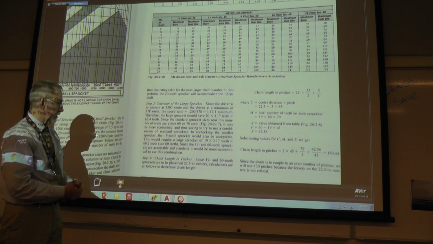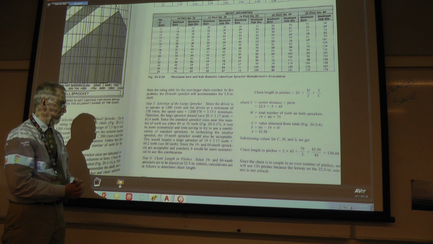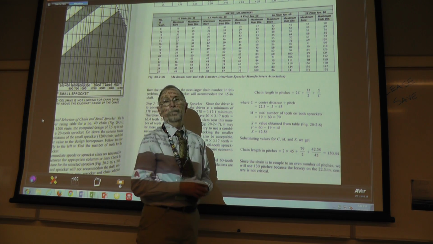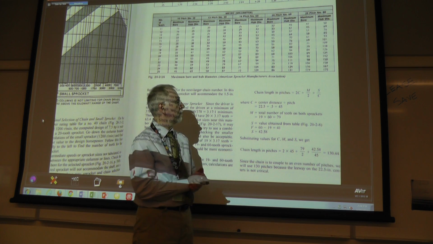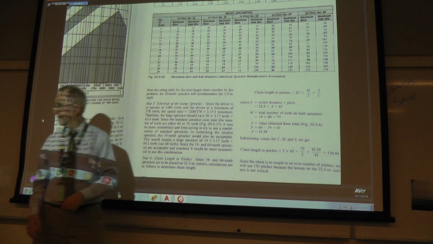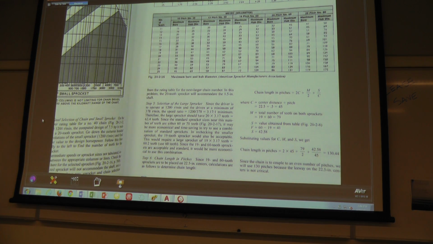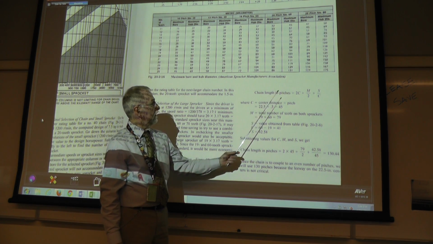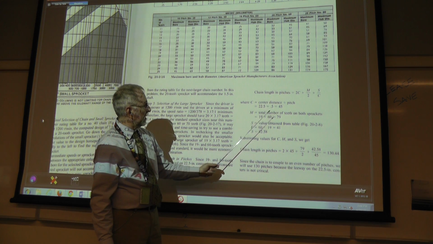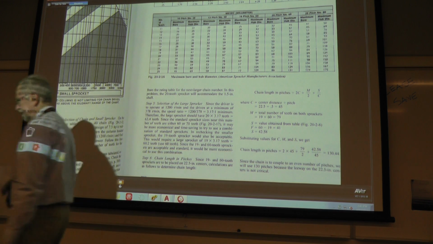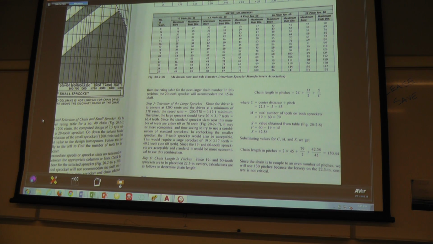19 and 60 sprockets are placed on 22.5-inch centers. Calculations are as follows. Chain length in pitches is what we're coming up with: 2C plus M over 2 plus S divided by C. C is the center to center distance divided by the pitch.